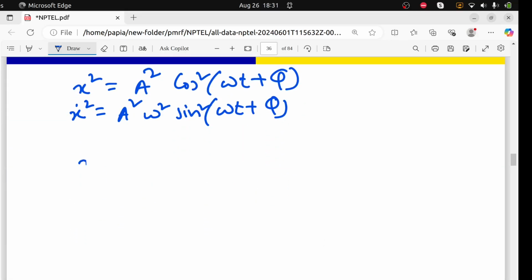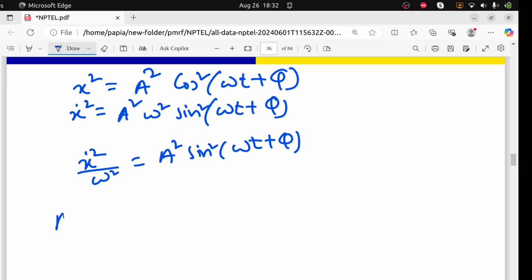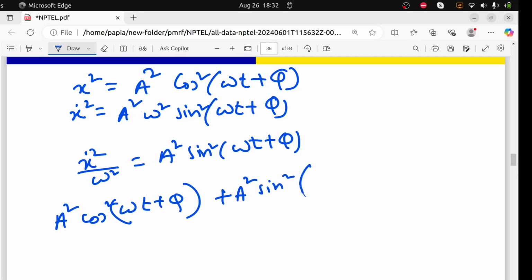So x dot square divided by omega square is A square sin square(omega t plus phi). Now you can understand A square cos square(omega t plus phi) plus A square sin square(omega t plus phi) can be written as A square.